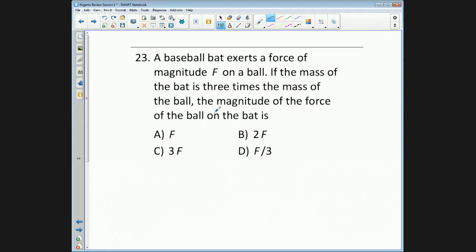Just by looking at this, people may think that the answer may be C or D, but this is a Newton's third law question, which means the force of the bat on the ball equals the force of the ball on the bat. So the answer would be A, F.